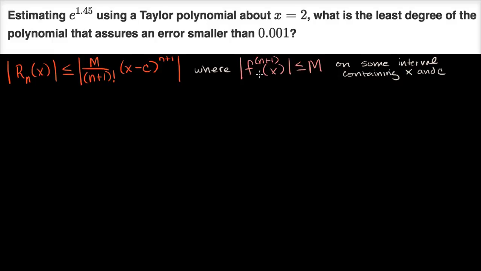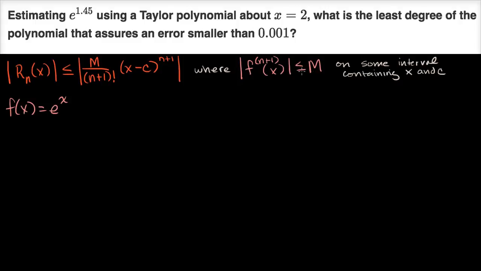And that might seem like a mouthful, but when we actually work through the details of this example, it'll make it a little bit more concrete. So for this particular thing, we're trying to estimate e to the x. So let me write it this way: f of x is equal to e to the x, and we're trying to estimate f of 1.45.